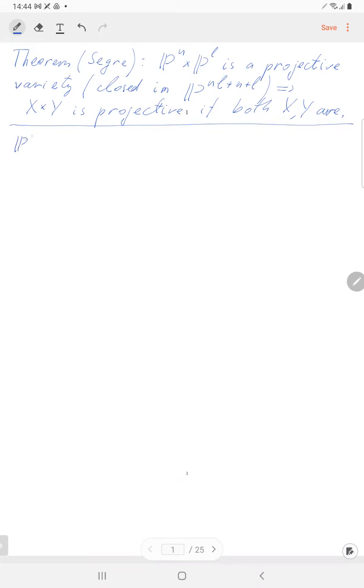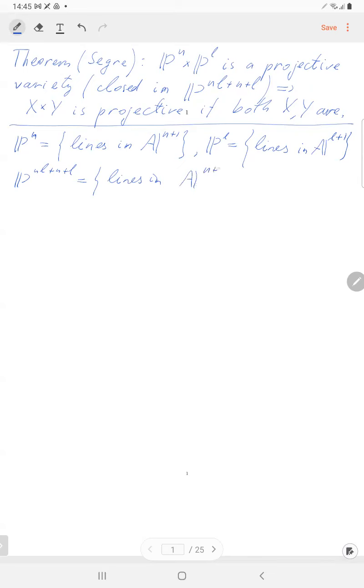So Pn, as you remember, set-theoretically is the set of lines in the affine space A^(n+1), I mean, passing through the origin, and similarly, Pl is also the set of lines in A^(l+1), and then P^(nl+n+l) is a set of lines in A^((n+1)(l+1)), and this is the same as the tensor product A^(n+1) tensor A^(l+1).